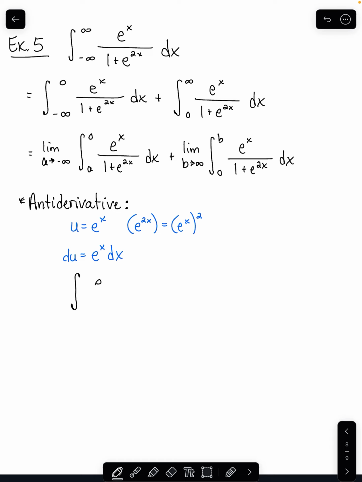the antiderivative of e to the x over 1 plus e to the 2x dx as the integral of 1 over 1 plus u squared du, which, as we saw in a previous example, is simply the arctangent.